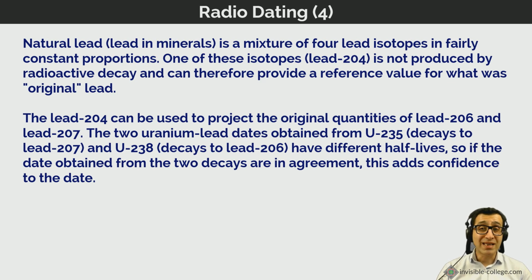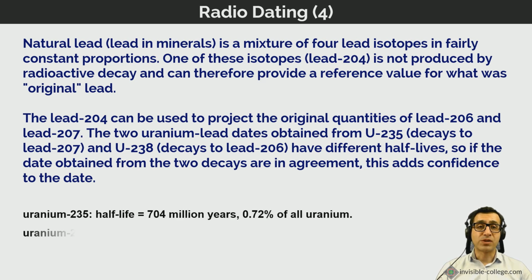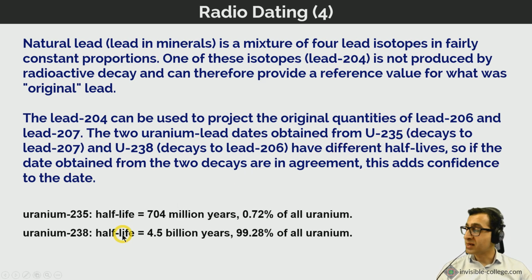The 2 uranium-lead dates obtained from uranium-235, which decays to lead-207, and uranium-238, which decays to lead-206, have different half-lives, and so if the dates obtained from the 2 decays are in agreement, this adds to our confidence in the date that we've arrived at. So again, here are the half-lives for those 2 elements.